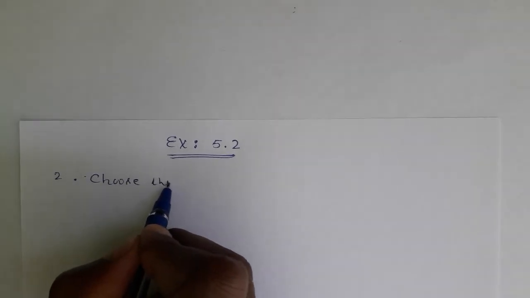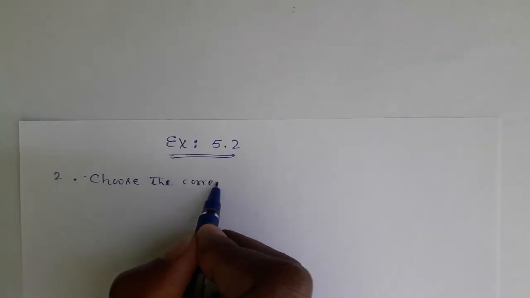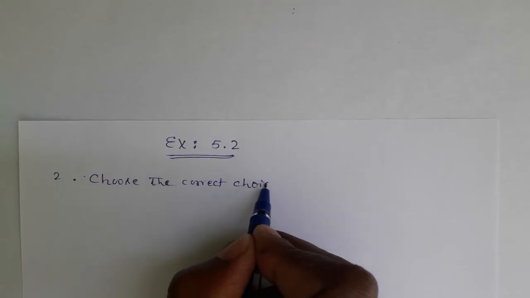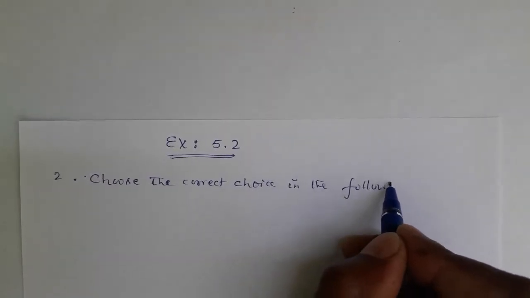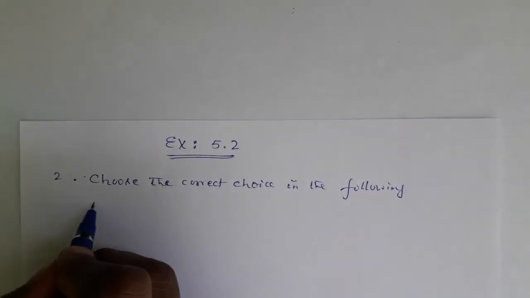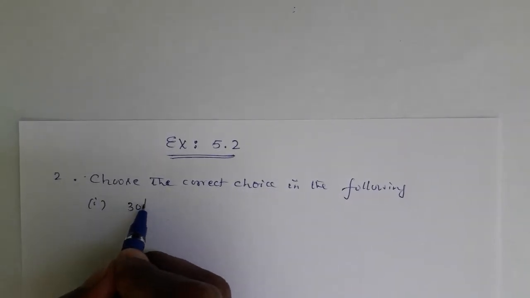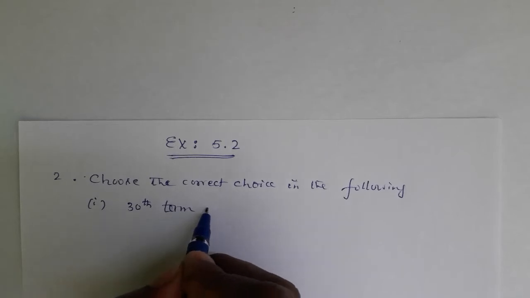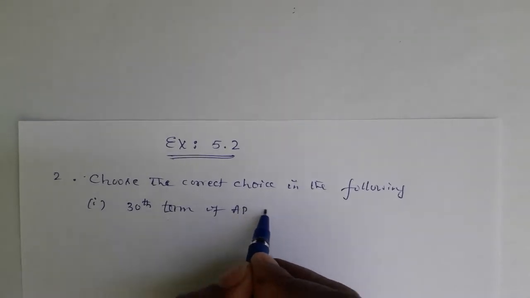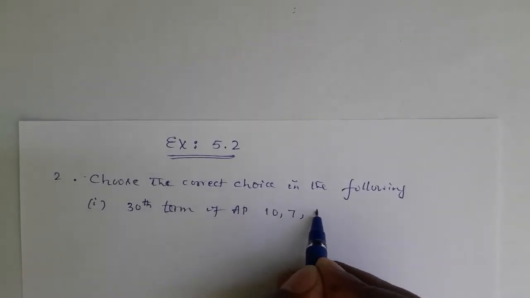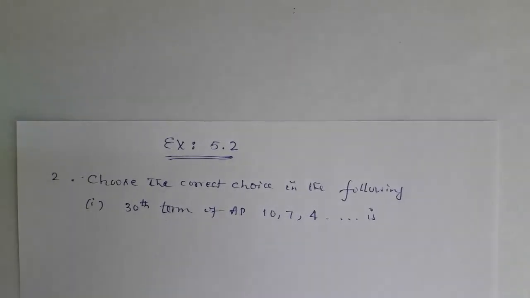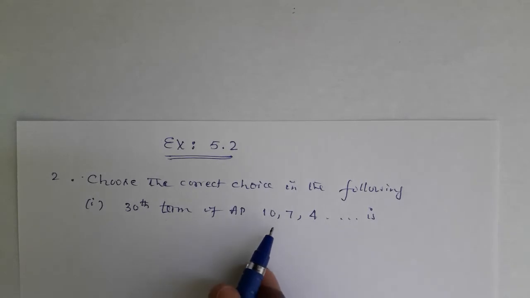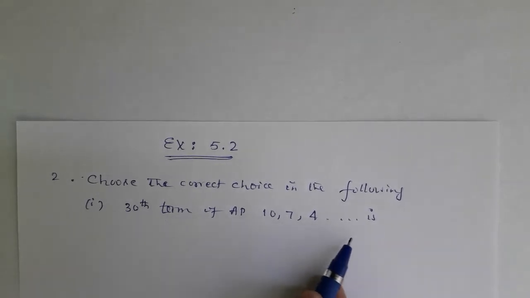Choose the correct choice in the following. In that first is: 30th term of an AP, 10, 7, 4, is how much? The question is, the 30th term of an AP is how much?